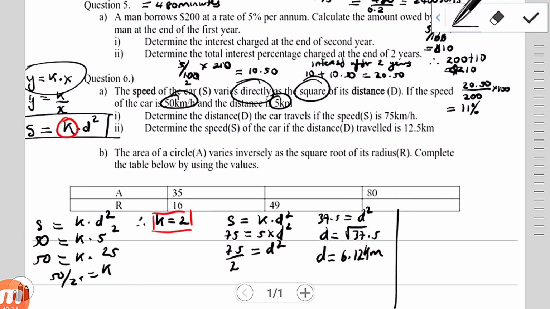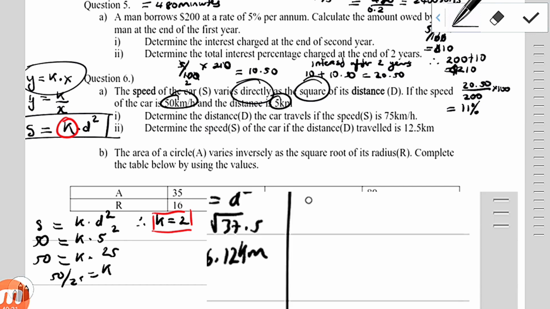We have to determine the speed if the distance traveled is 12.5. So we go ahead and rewrite our formula. S is equal to k times d squared. This time we're looking for s. We know that k corrected is now 2, and the distance is 12.5. We're going to square that value.